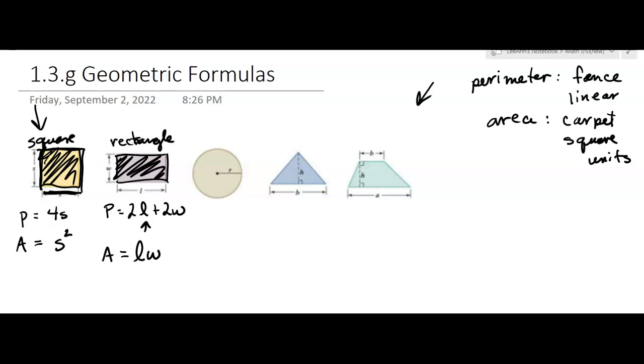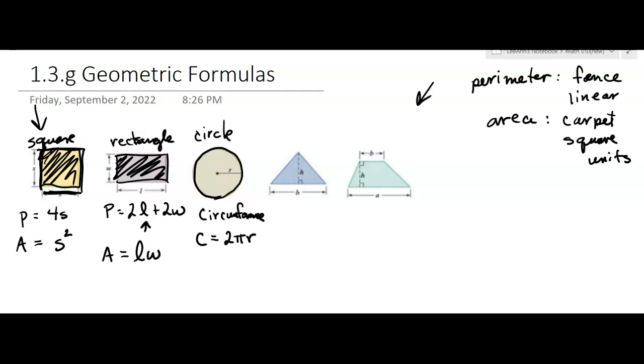Okay? We can have a circle. So the perimeter of a circle, like you're putting a fence around a circular pool, gets a special name. It's called the circumference. I can't really fit it on there, but C is equal to 2 pi r.